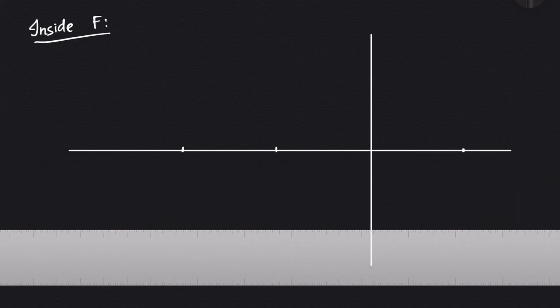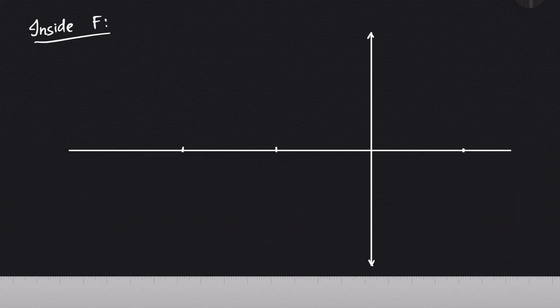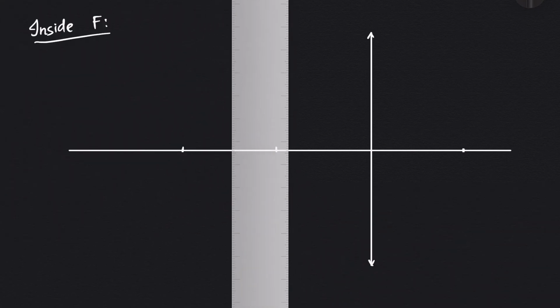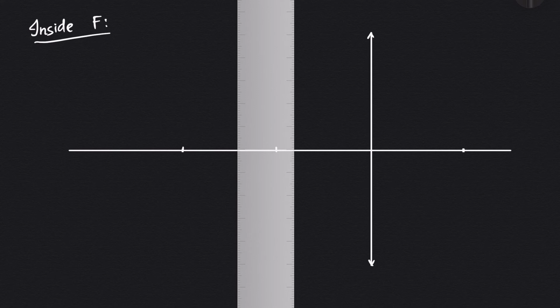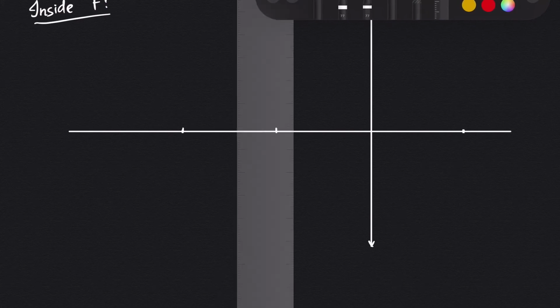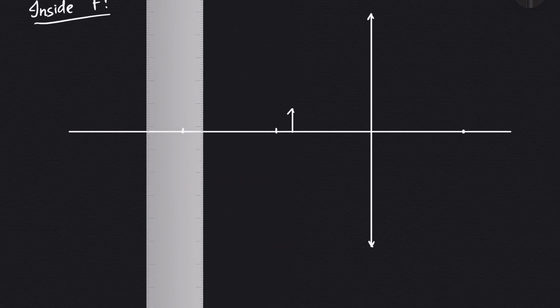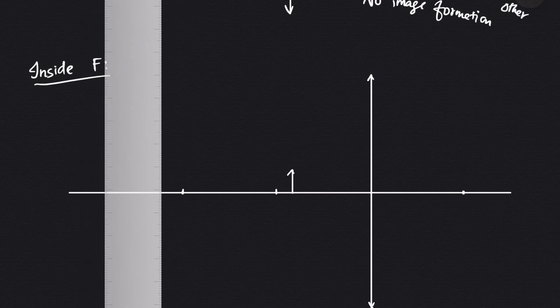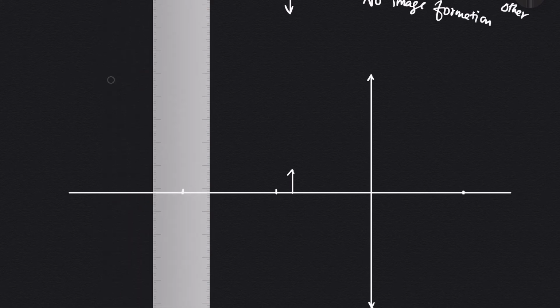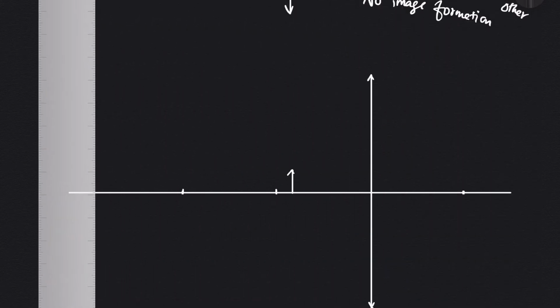Now we have a converging lens here, and let's say we have the object here. Notice that we are drawing it inside the focus. So focus, center of curvature, focus. This is the object.